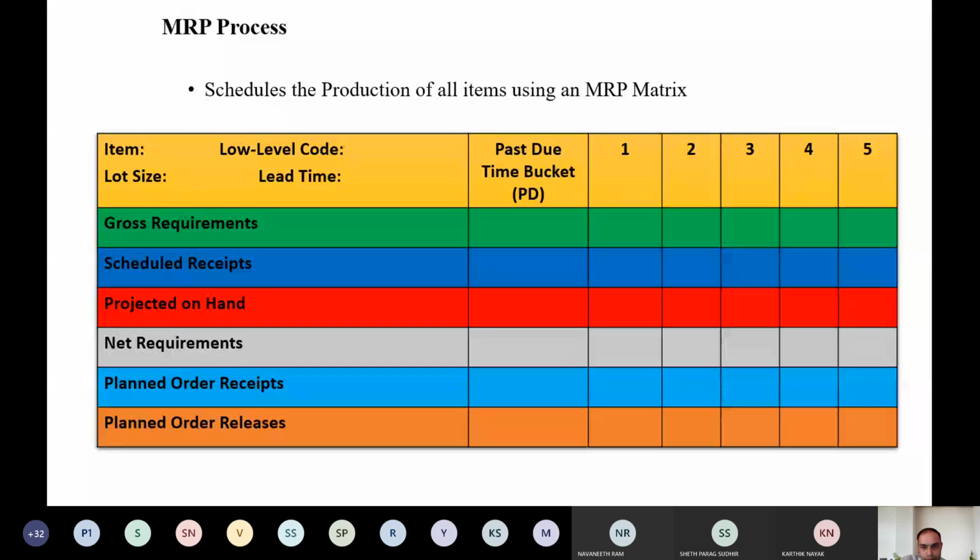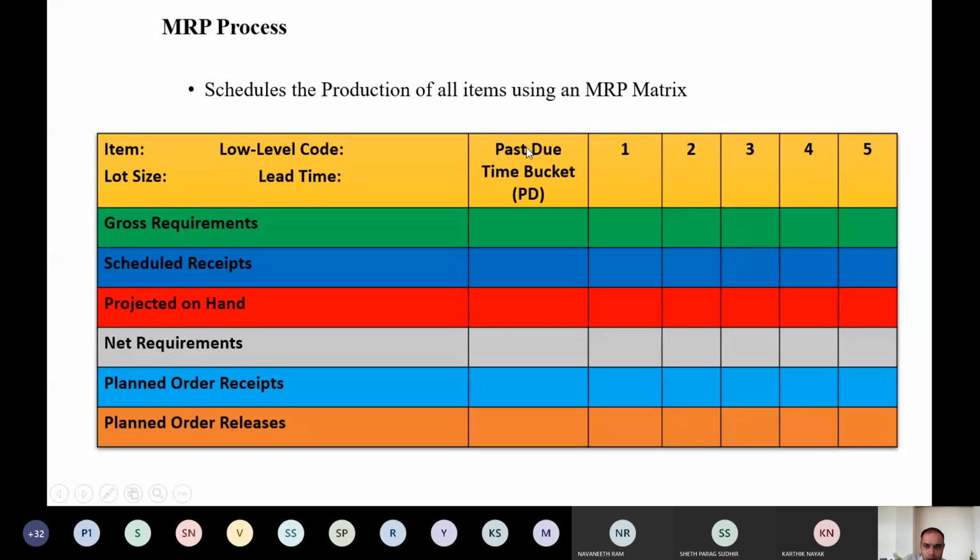Let me explain one by one. Let's complete the bigger part first. Imagine this is 1, 2, 3, 4, 5. This is time. This may be 1 week, 2 weeks, 1 hour, 2 hours, 1 minute, 2 minutes, 1 year, 1 month, one fortnight, anything can be the unit of time.